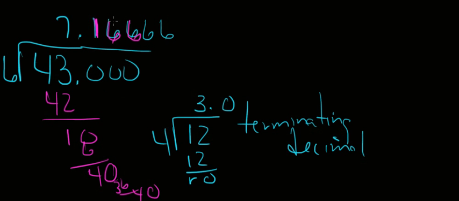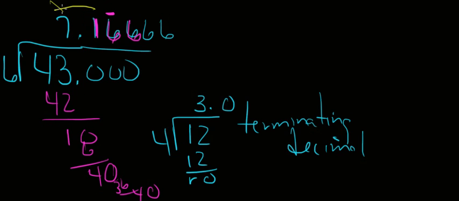So when we write this, you could write it 7.16, and you put that repeating bar over the number that's repeating. You would not put it over the 7 or the 1, of course, because the 7 and the 1 are not repeating. And by the way, the repeating bar never goes over anything to the left of the decimal. It's always to the right of the decimal.